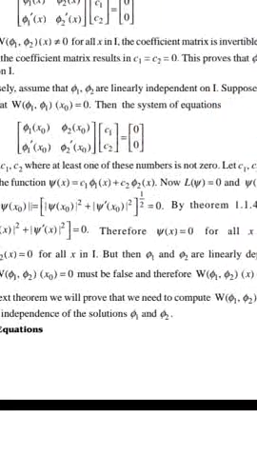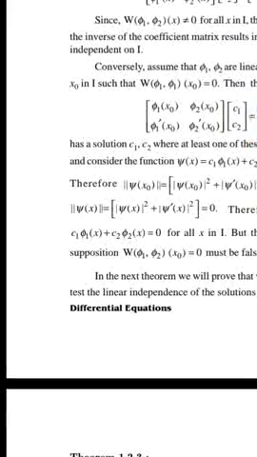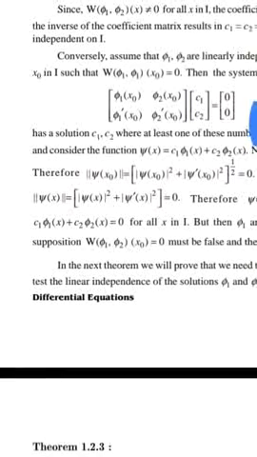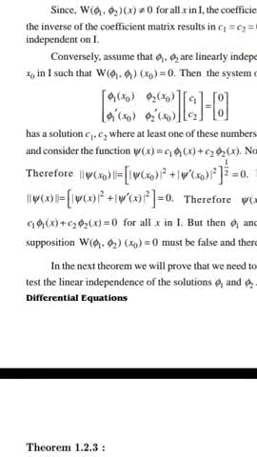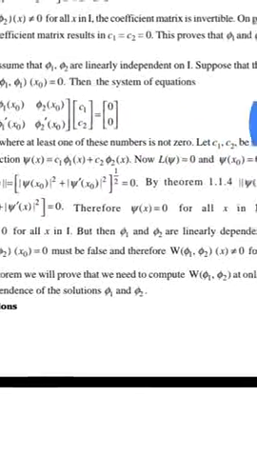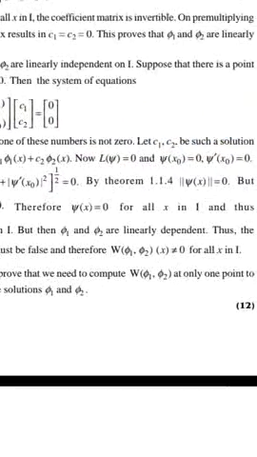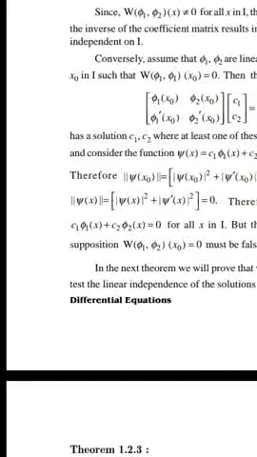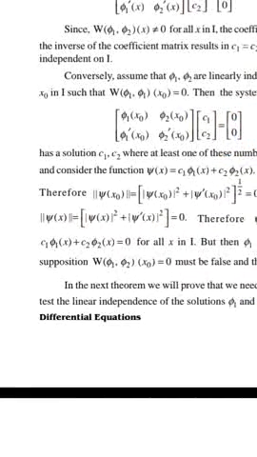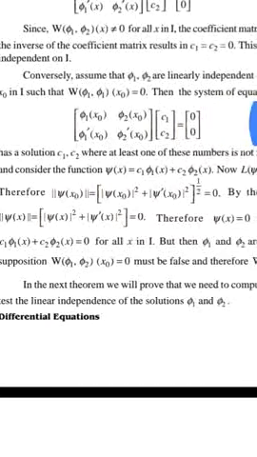Then the system of equations [phi1(x0), phi2(x0); phi1'(x0), phi2'(x0)] times [c1; c2] is equal to 0 has a solution c1, c2 where at least one of these numbers is not 0. Let c1, c2 be such a solution and consider the function psi(x) equal to c1 phi1(x) plus c2 phi2(x).